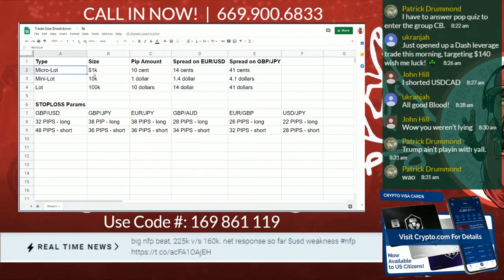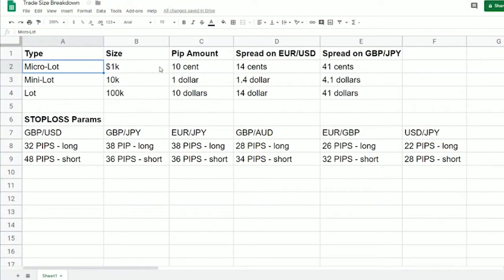So micro lots, those are essentially when you're trading Forex, you'll see in your account a 0.01 lot size. That's a micro lot. So that represents $1,000.